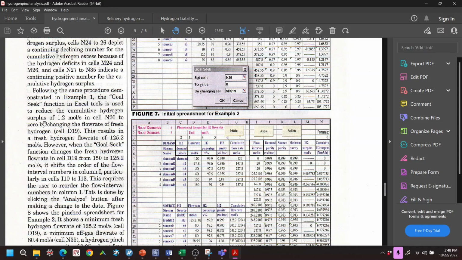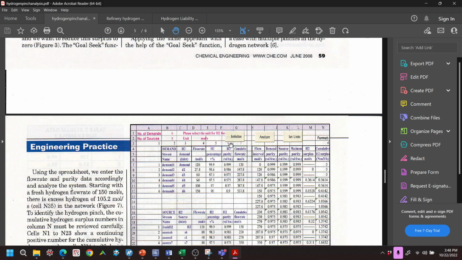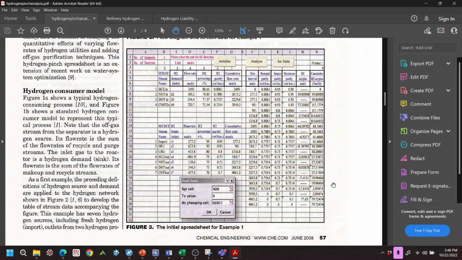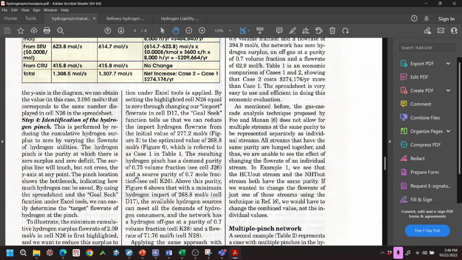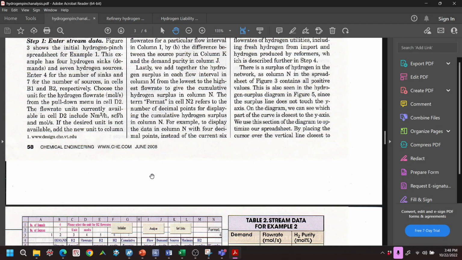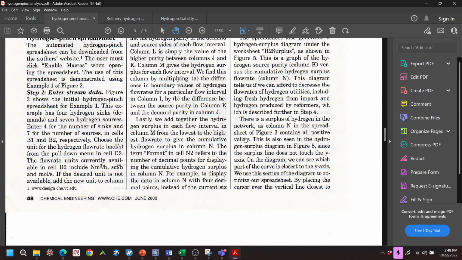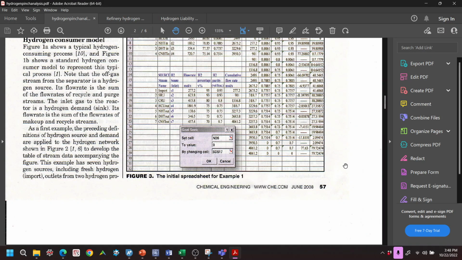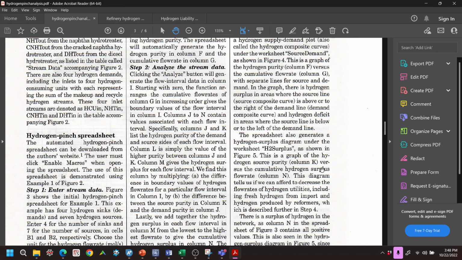To reduce the cumulative hydrogen surplus of 1.2 in cell 26, which is example 1. Oh, it's strange. Yeah, you have to read this. I also need to read this.